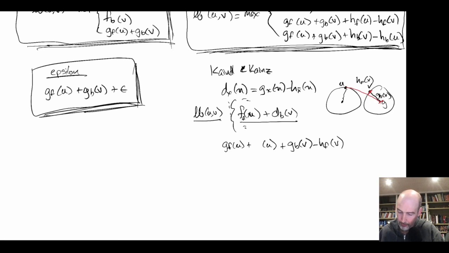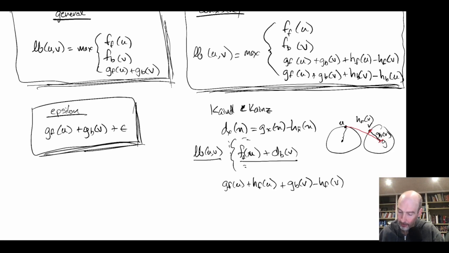So I have my f forward is g forward plus h forward of u. My d is g backwards of v minus h forward of v. When I take this apart, I see g forward of u plus g backwards of v, and then I get h forward of u minus h forward of v. And if I come up here in these terms, then I have g forward of u, g forward of v, plus h forward of u minus h forward of v.